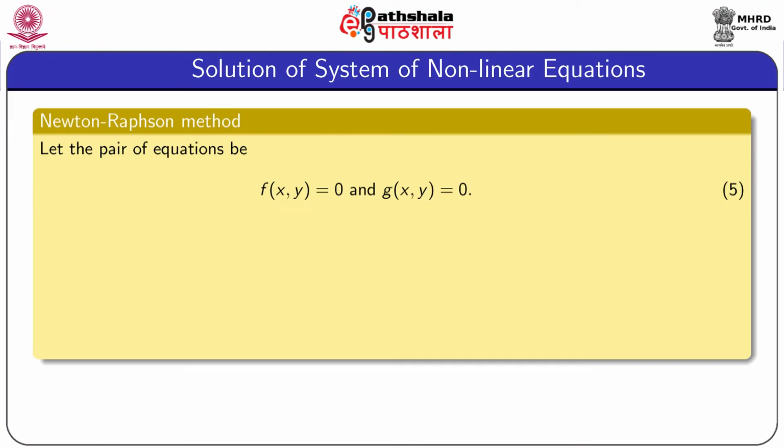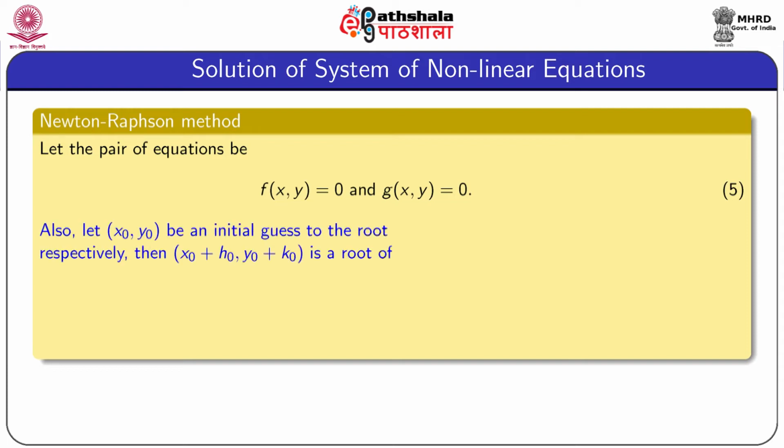This method is free from finding such phi and psi, but the Newton-Raphson method takes the partial derivatives of the functions f and g. Now, we describe the Newton-Raphson method to find a root of a pair of nonlinear equations. Let f(x, y) equal to 0 and g(x, y) equal to 0 be a pair of nonlinear equations.